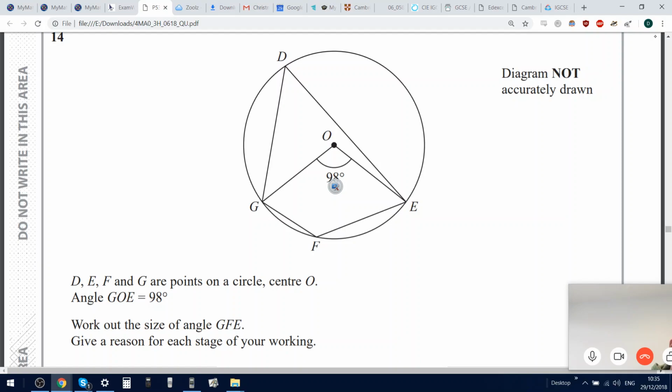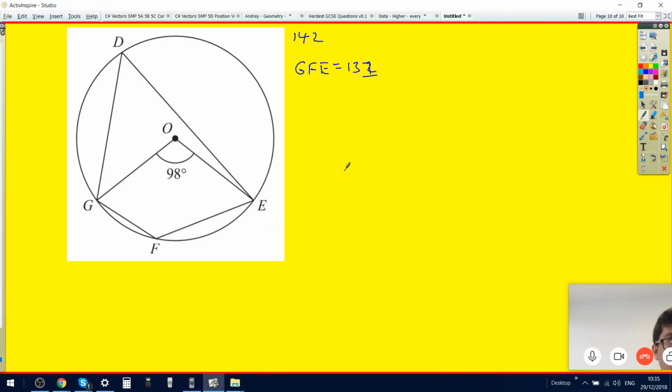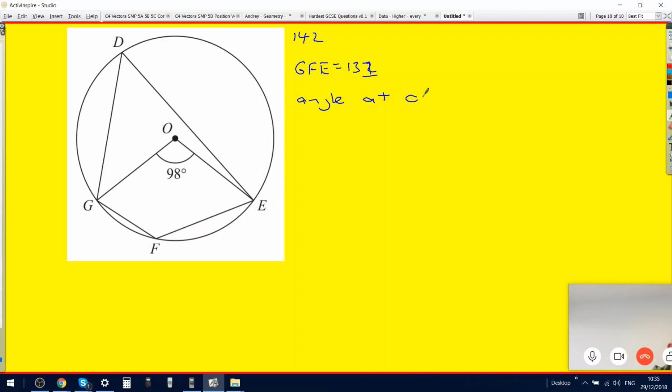I'll give a reason for each stage of your working. For the first stage, the angle at the circumference is twice that at the center. That was the angle GDE, was it? GDE, yeah. And does that angle look twice as big as the 98? So the angle at the circumference is half the size.